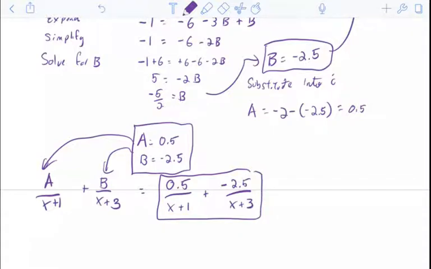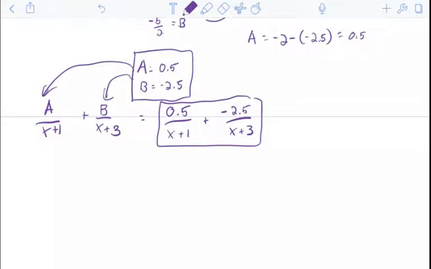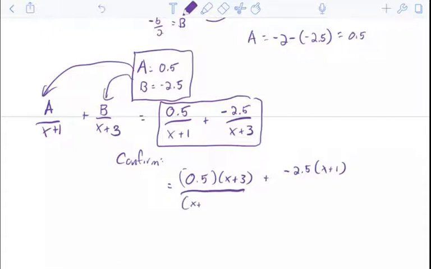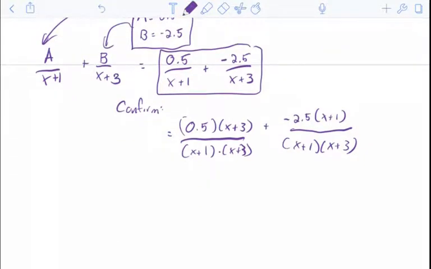Okay, and let's confirm that this is right. So I'll multiply this through. So this becomes 0.5 times x plus 3 plus minus 2.5 times x plus 1, divided by x plus 1 times x plus 3. So this is 0.5x plus 1.5 minus 2.5x minus 2.5.